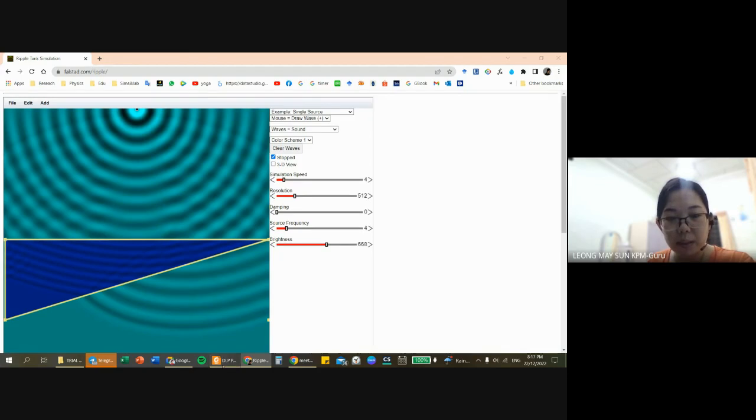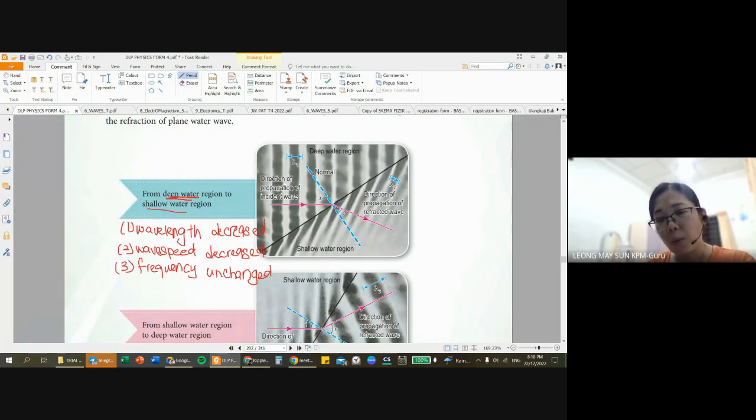When a wave propagates towards a boundary and moves from a deeper region to a shallow region, the incident angle is more than the refracted angle, which means the propagation of the wave moves closer towards the normal line.